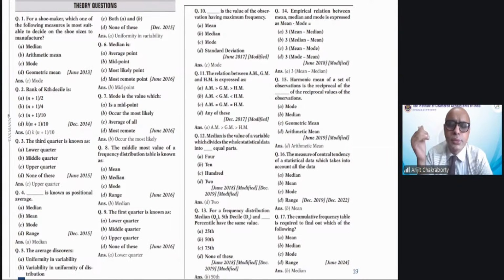If you remember from the first session on statistics, please think of ogive. Ogive means cumulative frequency. It is plotted in a graph. And from the ogive, less than and more than ogive, the intersection point indicates the median. So question number 17 answer is option B, which is median.